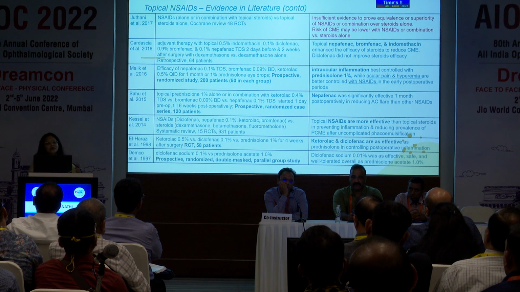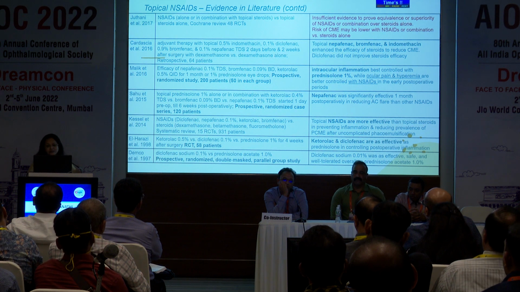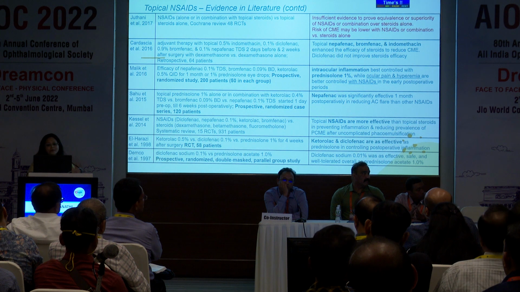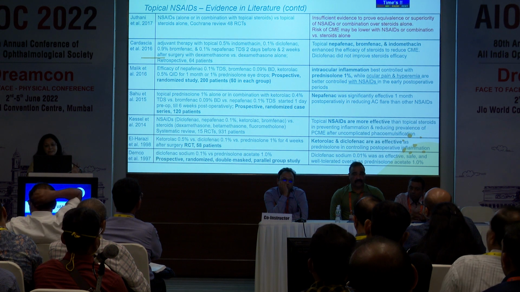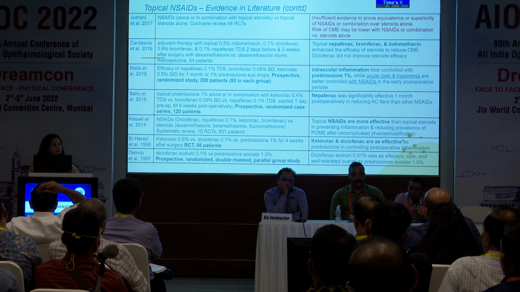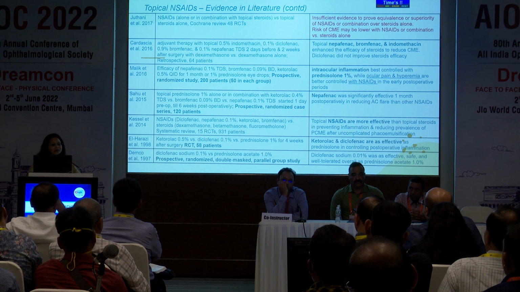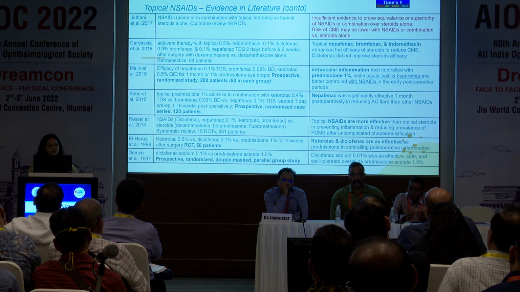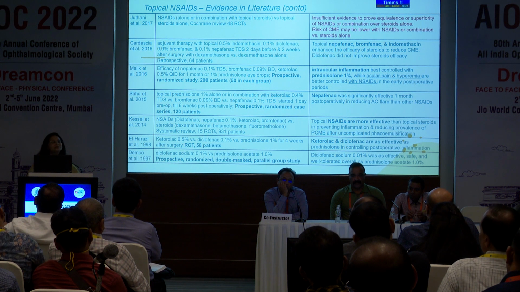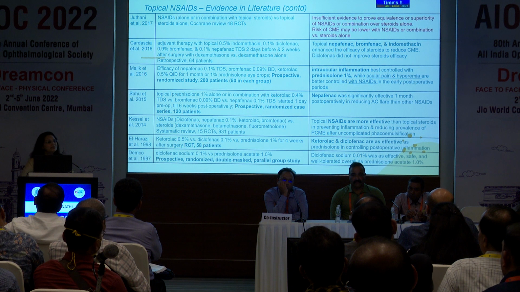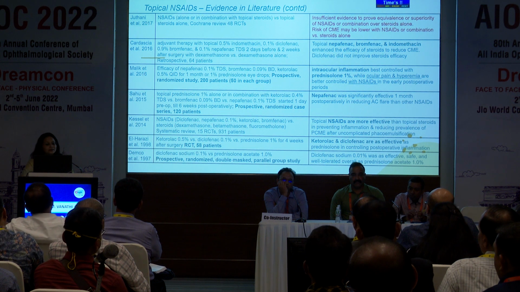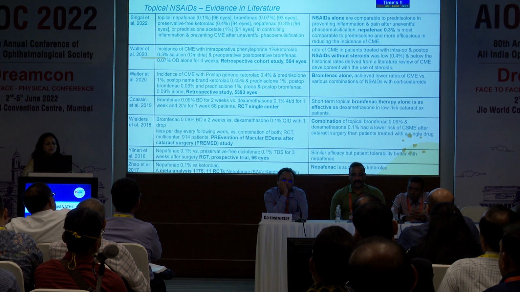When you're looking at control of the risk of CME, it is definitely lower when you're using NSAIDs, or you can prefer to use them in combination with steroids. So I still feel using NSAIDs in combination with steroids is probably the recommendation, though the evidence is not pointing much one way or the other. That said, these are the earlier studies from 1997 to 2017.